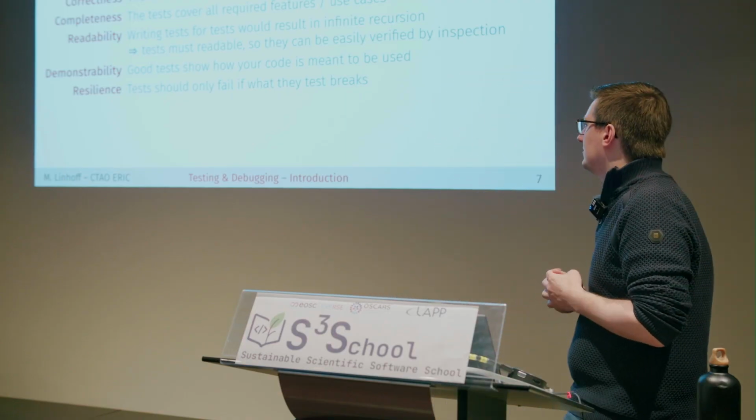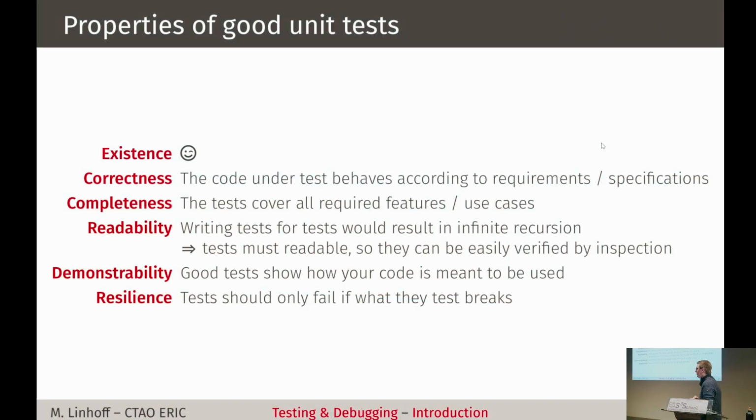And what is often very hard to achieve in numerical code bases is resilience. For example, we have simulation code that relies heavily on Monte Carlo methods, and then it's really hard to unit test if the code under test is intrinsically stochastic. So you need to fix the random seeds, you need to make sure that you are inside of a probability envelope of what you would expect, but then it can still fail in 1% of the cases or whatever, right?